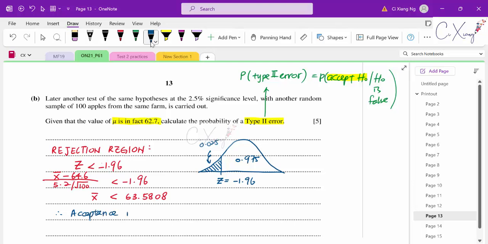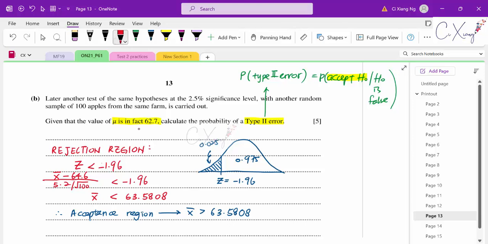Rejection and acceptance regions have opposite signs. So if this is the rejection region, then the acceptance region will be x bar greater than 63.5808. This is your acceptance region. I will keep this value as long as possible, because I want to use it to calculate the type 2 error later to get the most accurate answer.